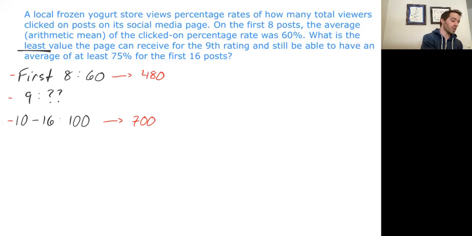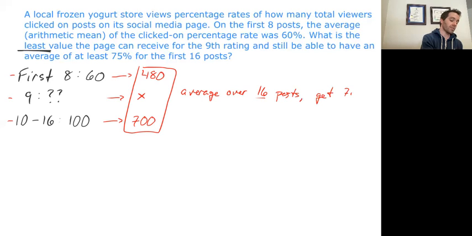And then we want these averaged over 16 posts. And we should be able to get a 75. So 480 plus x plus 700, divide that by 16, and I want to be able to get a 75.